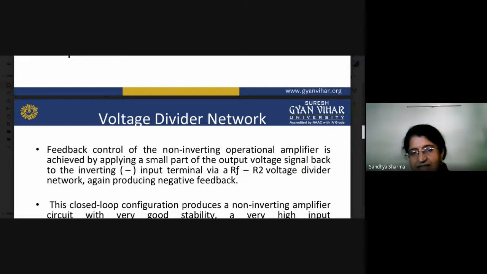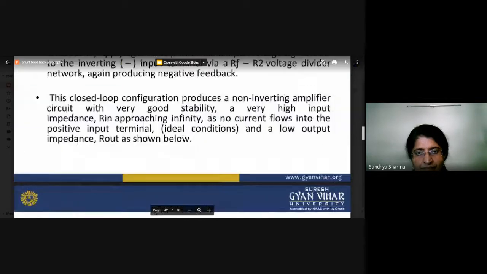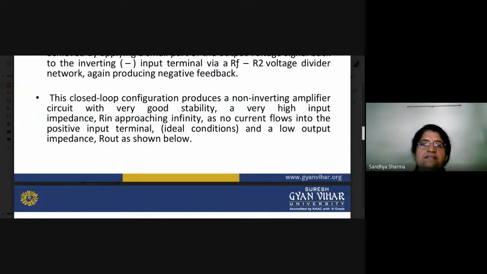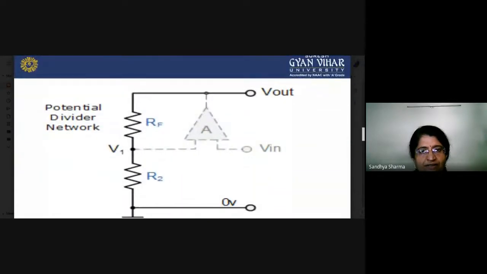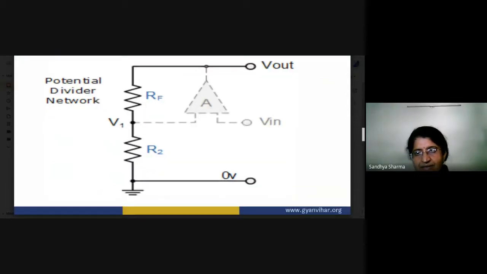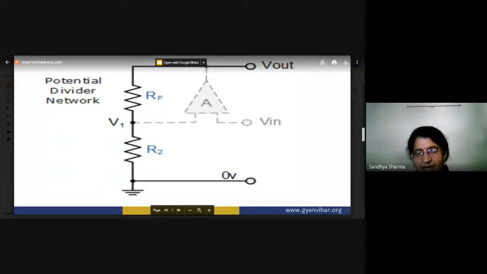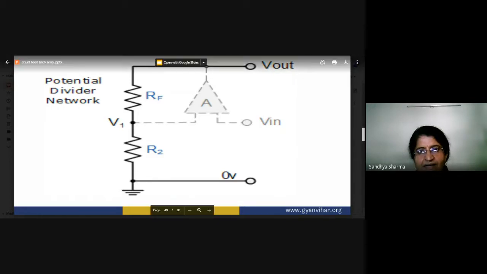Since this is a closed loop configuration, it provides very good stability and very high input impedance. Just see here, this is the divider network, this is the output terminal, here you give your positive supply, and this is the feedback path.